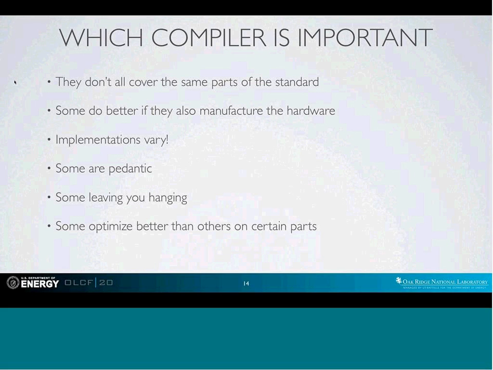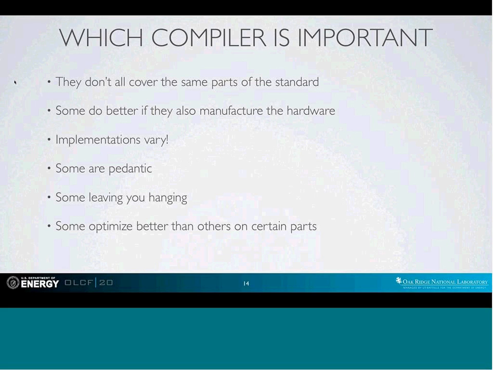Implementations vary from compiler to compiler, and some are more pedantic than others. Sometimes I'll compile something on GCC, and it compiles every time, and then I go to a Cray, and Cray is very, very picky about standards and languages and how you do things. And it'll tell you that it doesn't like it, or it'll throw an error or a warning. Some compilers will throw errors for things that are warnings in others.